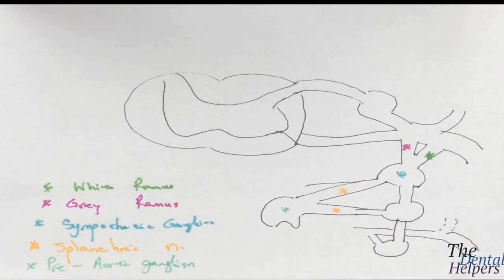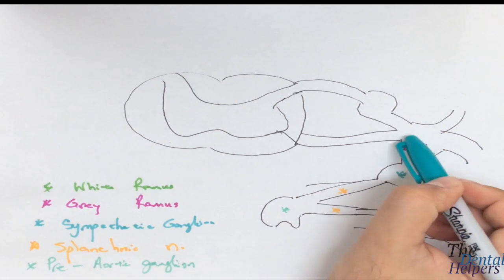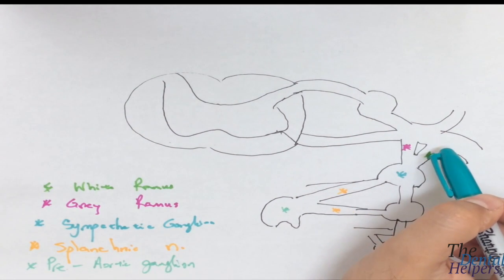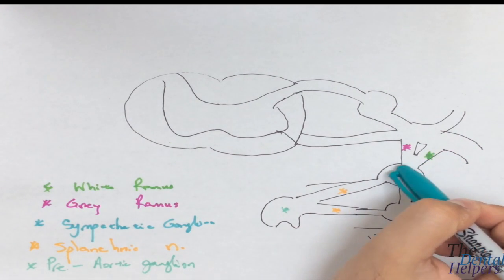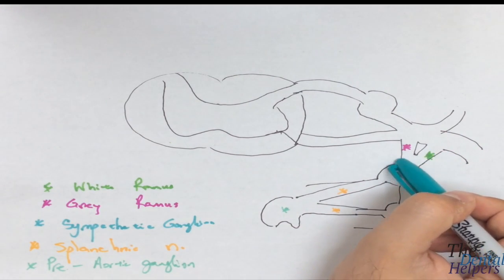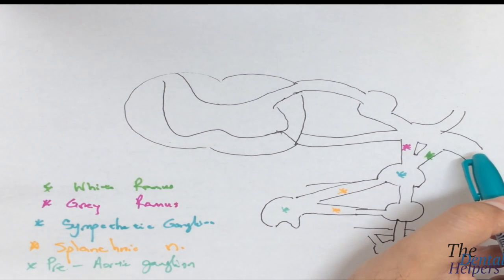Now remember, the gray ramus is going to be postsynaptic. The white is going to be presynaptic. So as we're going down, we know that our white is going to be our presynaptic, our gray is going to be our postsynaptic. So if you remember in the first step, we basically went down, reached into the sympathetic ganglion, came back out, had our synapse, and had our process.